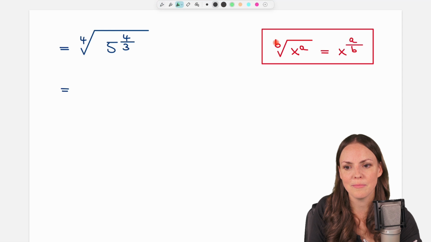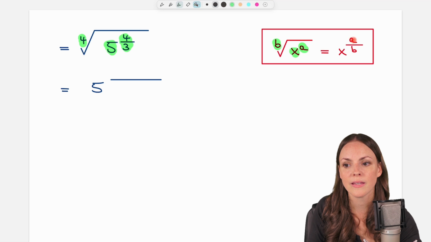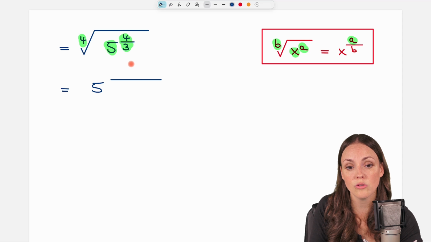What is my b? b is the 4. My a is this exponent, which is this fraction here, and my base is my 5. So this rule says you can write it as, here, this is my base, my 5. I get a fraction as an exponent here. My a is this exponent, so this fraction in this case goes here on top. And down here we have the b, so we have the 4.